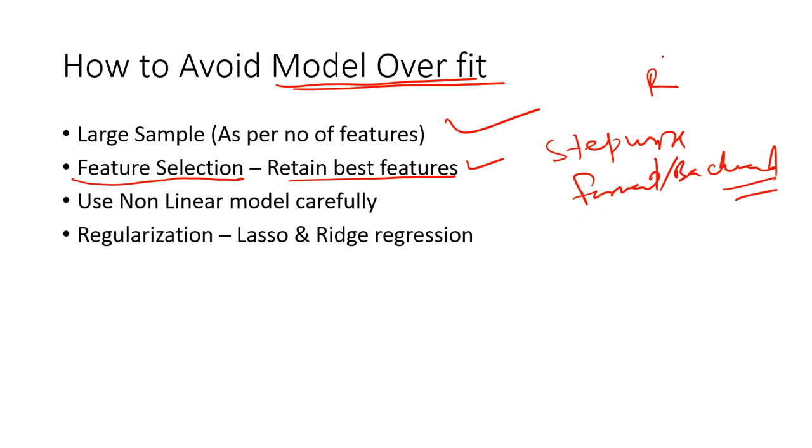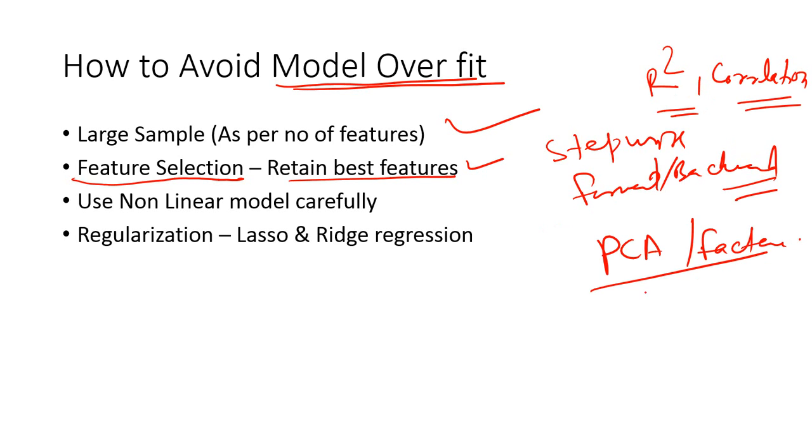So you can use R square and correlation values in order to select the best feature. You can combine features also. You can also use PCA or factor analysis in order to combine features, which could reduce the number of features or independent variables to a large extent.